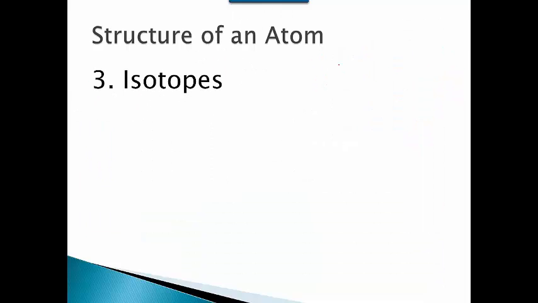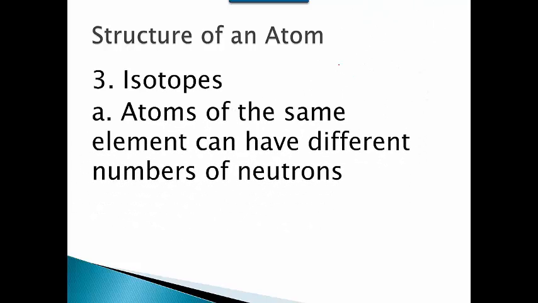Another piece of information, and I actually referred to this in video 1, I said that we proved one of Dalton's pieces of theory incorrect later, and this would be where. If you think back or look back in your notes, we starred Dalton's second theory where he said all atoms of the same element are the same. I want you to take a look at the definition of an isotope.